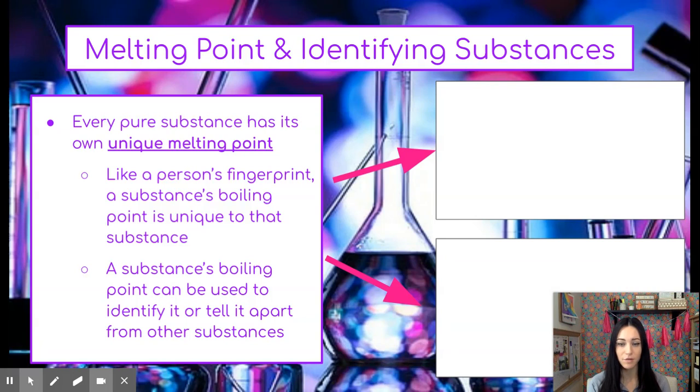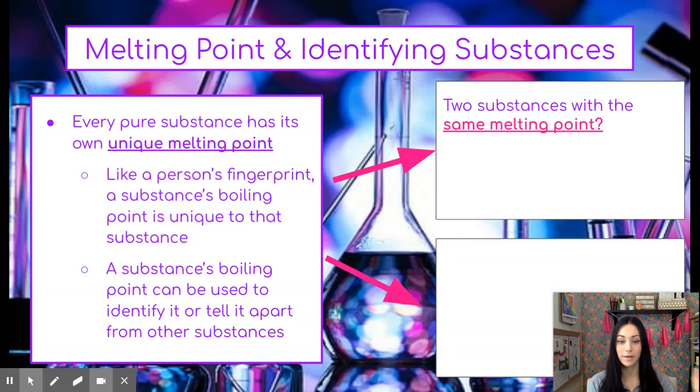And we know that melting point is a property of matter that can be used to identify substances because every pure substance has its own unique melting point, just like a fingerprint. This is unique to that substance and can therefore be used to identify it. There are really only two options here. First, we can have a situation where two substances have the same melting point, just like two unknown people having the same fingerprint.